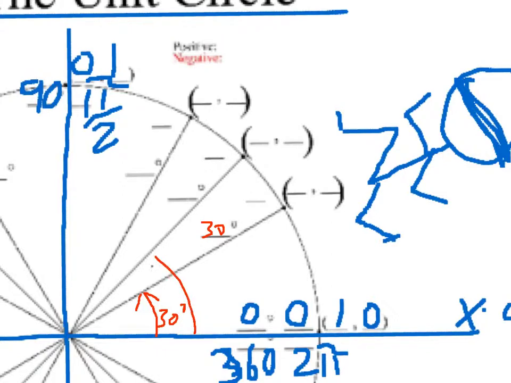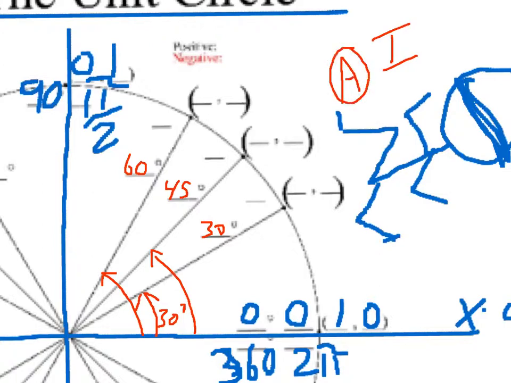One of them is 45 degrees from center. And one of them is 60 degrees. Those are 3 numbers that you need to know and you need to memorize. What you need to know is this quadrant that I'm in is called quadrant 1. And I put an A here because all things are positive in quadrant 1.